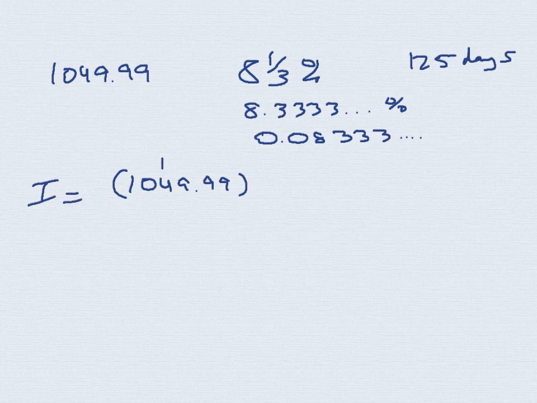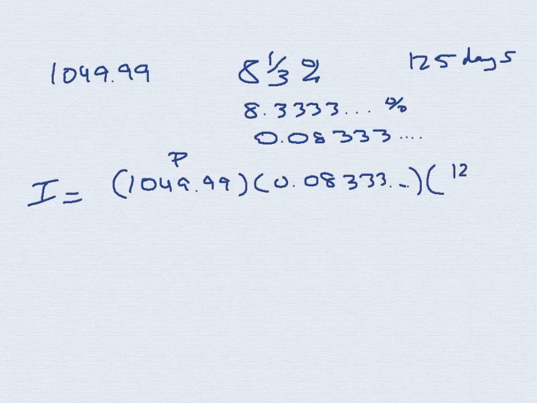Now organize your thoughts by writing down your formula. The interest is the principal multiplied by the rate, multiplied by the time. So the principal we know. The rate is going to be on your calculator and exact. This is an approximation.